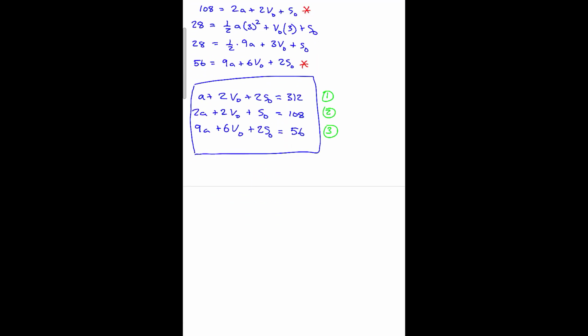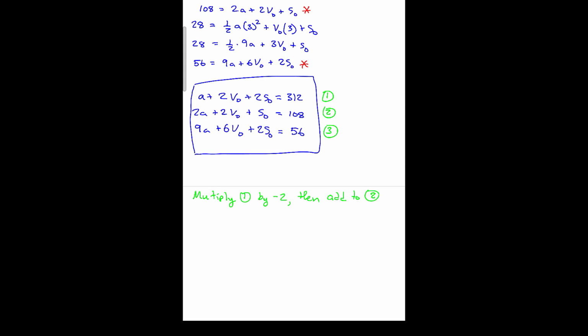So I'm going to take my first equation, so multiply equation 1 by a negative 2, then add to equation 2. All right, that's the process I'm going to do.